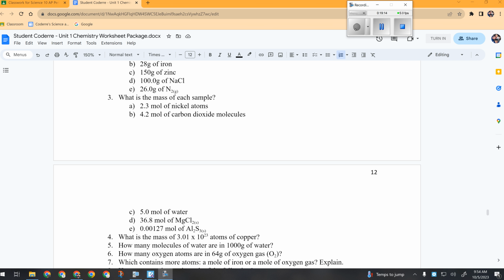But oxygen would have 6.02 times 10 to the 23 molecules of oxygen, each molecule containing 2 atoms. So it's double, exactly. 1 mole of oxygen gas would have twice as many atoms because oxygen gas, as its smallest particle, is a molecule, not a single atom.